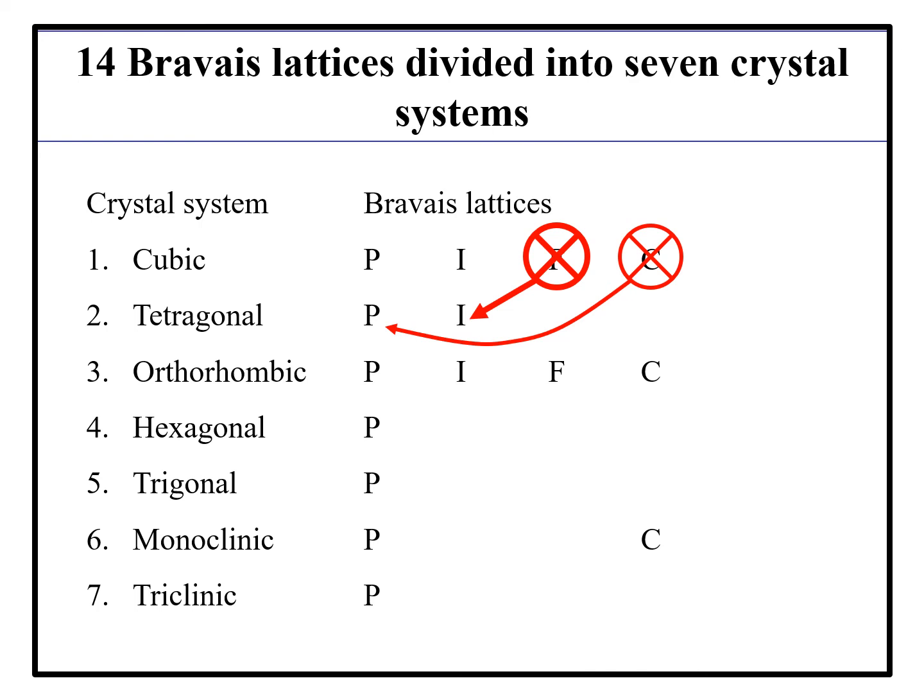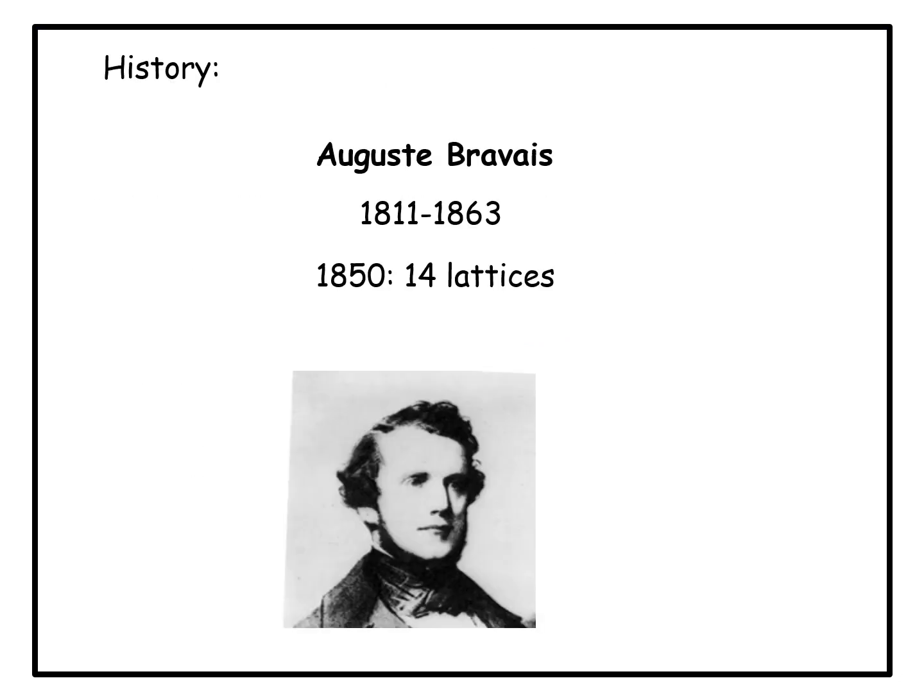When we crossed out cubic C, we were happy because we didn't want cubic C. But now we are crossing out cubic F, which was there in the original Bravais list. So in fact, we are now reducing the number of Bravais lattices from 14 to 13. Have we made a new discovery?